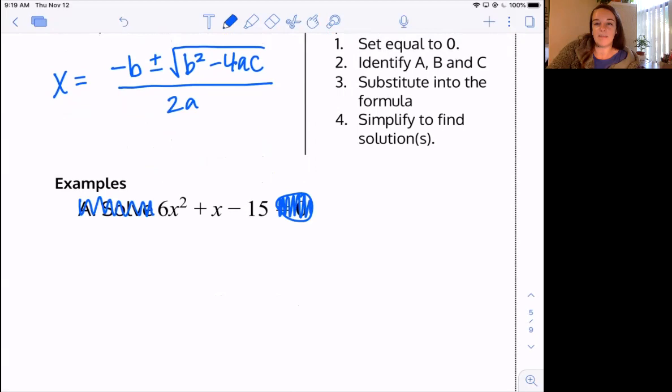All right, so set equal to 0. We're going to identify A, B, and C. They go in order. A goes with x squared, B goes with x, and C is the number by itself, the constant term, right? So we have A equals 6, because I see 6 is here. What would be the number that goes with x right here?